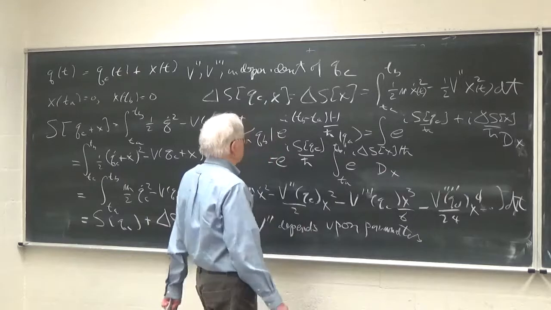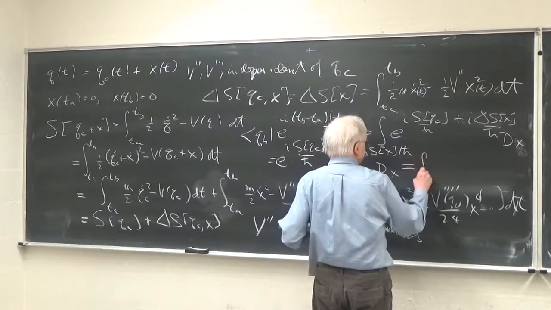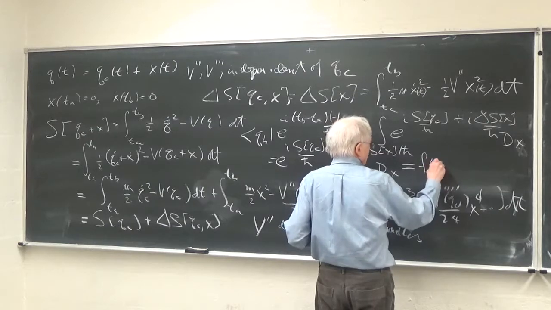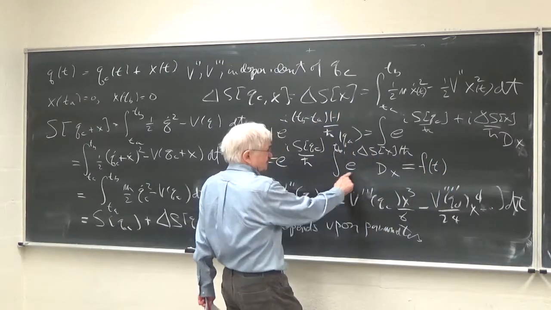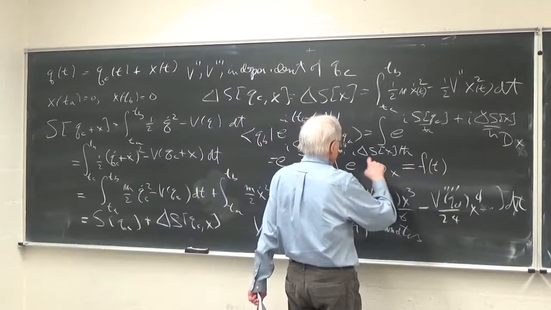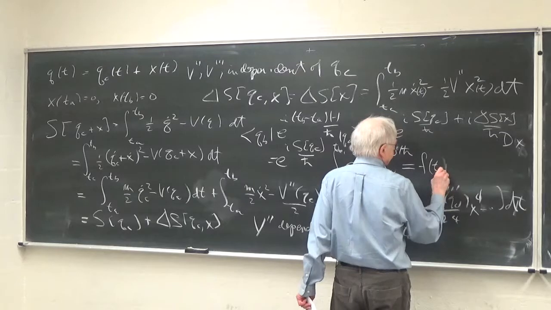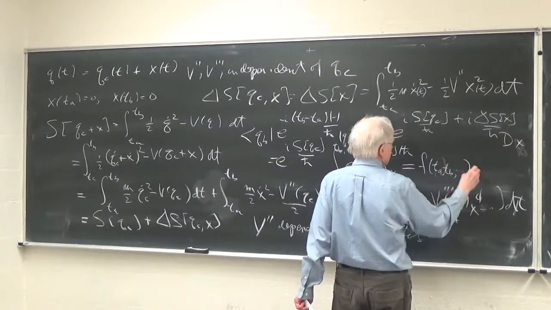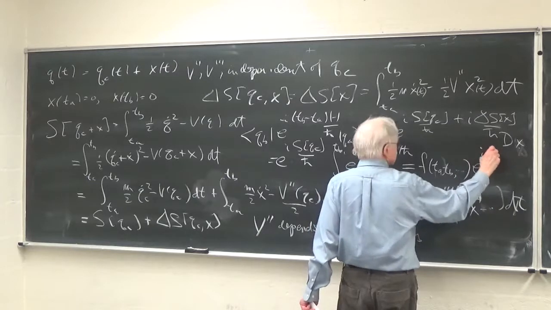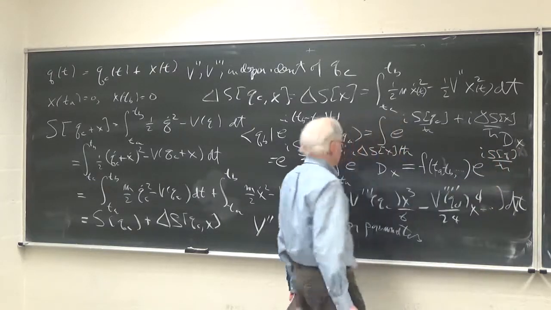And so what this means is that this thing is a function just of time, or of the two times, t_a and t_b, and the various parameters of the theory, and then times e to the i classical action over h bar.